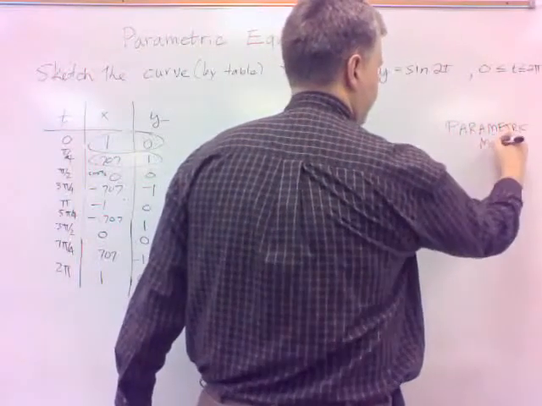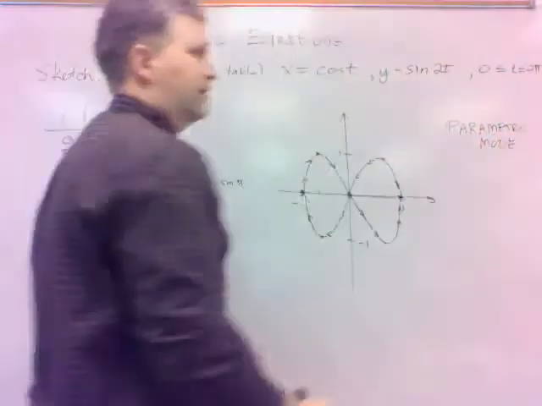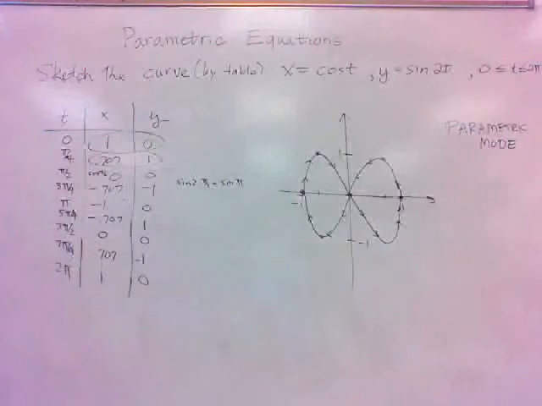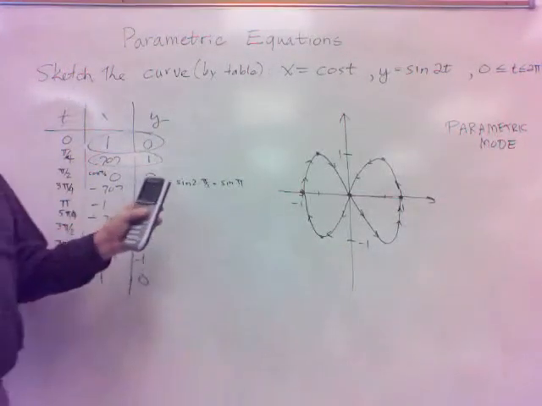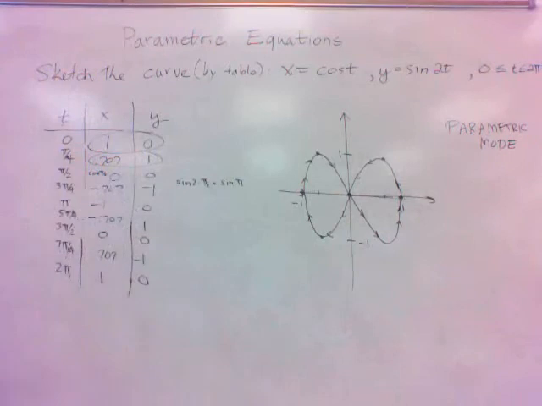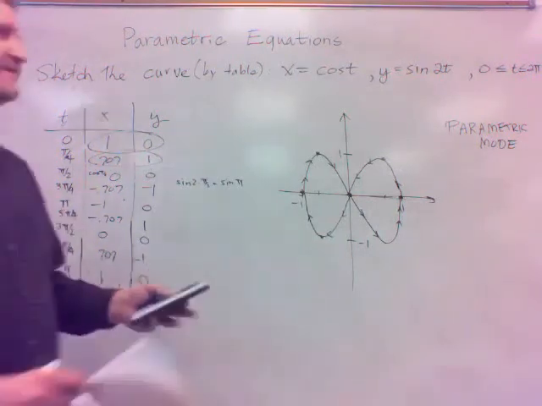You have to change mode though. On the TI 83s and 84s, it's pretty easy. Just go to mode. And then on the 4th line down, you see function, par, pol, and seq. We want par. Par for parametric.